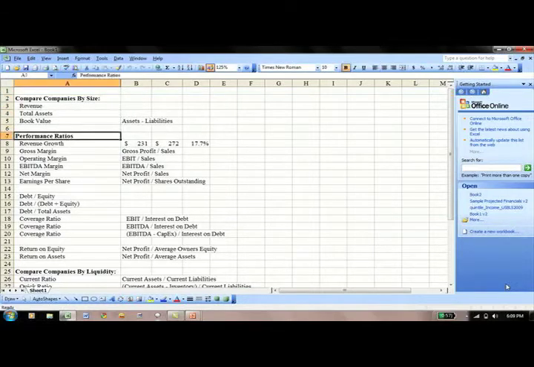Now, I've just slapped on a couple of numbers here. Let's just say that 231 is the revenue of the first year, and this could be thousands, millions, or billions. And let's just say 272 is the revenue in the second year. So the formula is very simple.